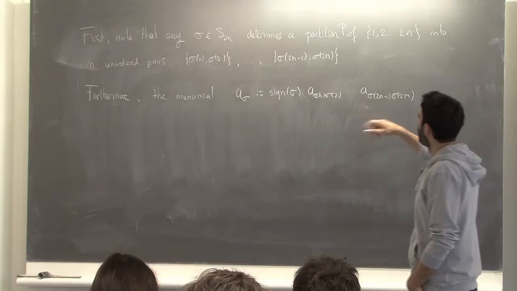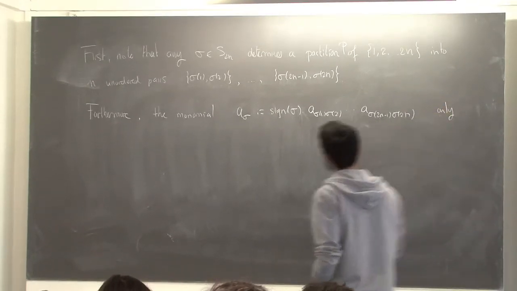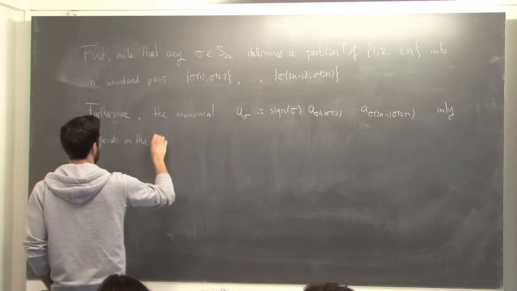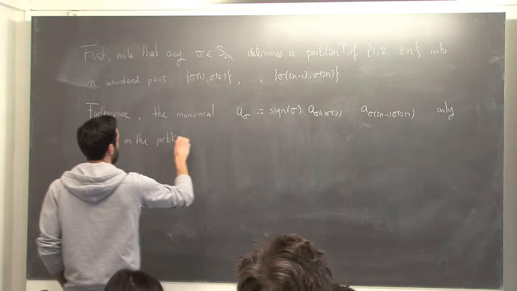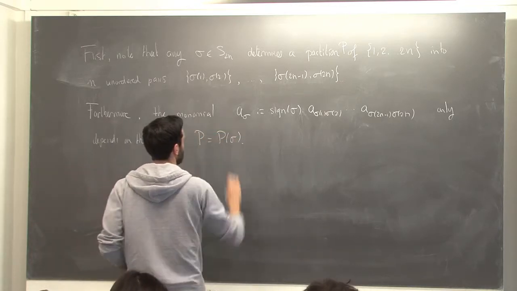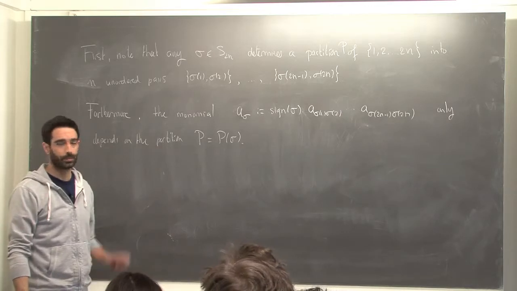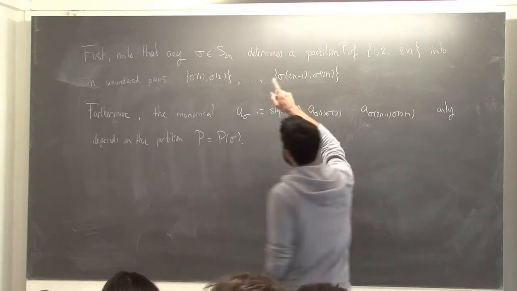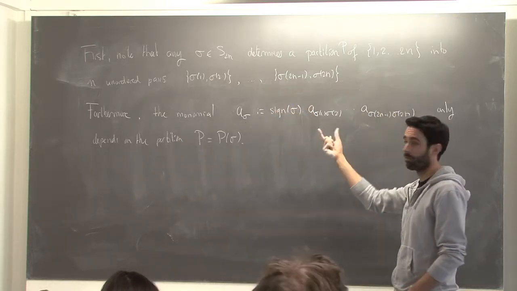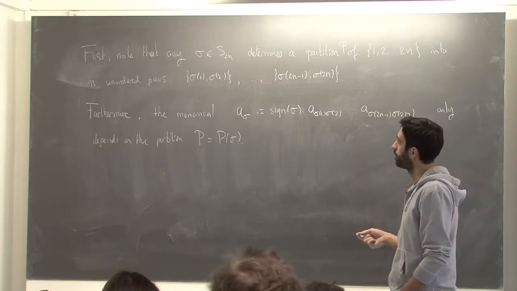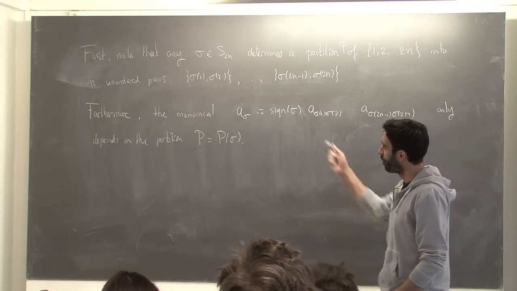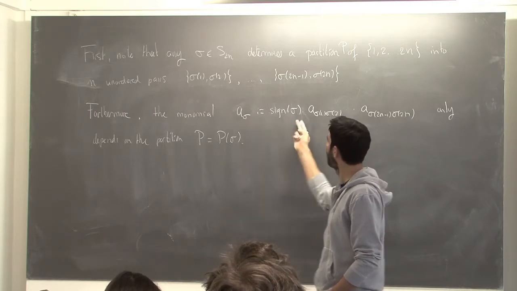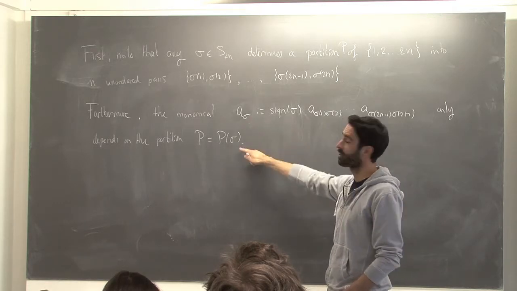I claim that this monomial only depends on the partition P induced by sigma. So do you understand this? I'm saying that any permutation determines a partition of this set into n unordered pairs. Furthermore, the contribution of the permutation to the Pfaffian, which I denoted A sigma, only depends on the partition. Why is that?